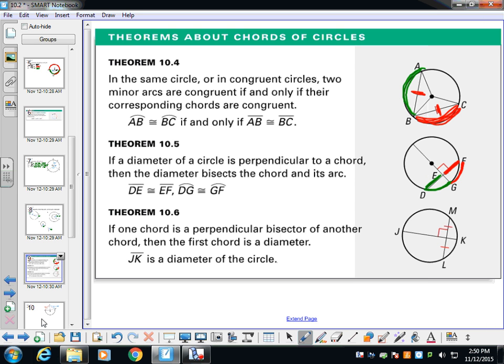And lastly, if one chord is a perpendicular bisector of another chord, then the first chord is the diameter. So because these are perpendicular bisectors, ML is a perpendicular bisector, that means JK has to be the diameter.